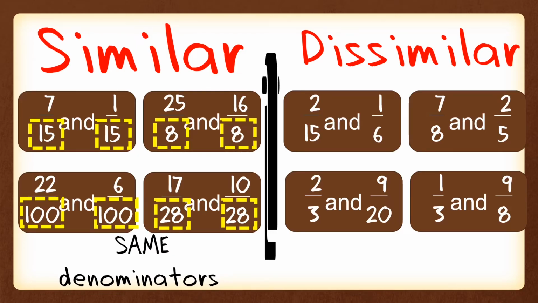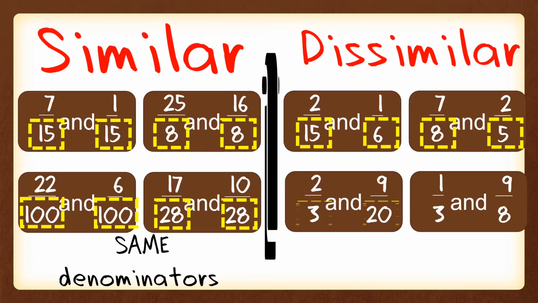So again, we're going to look only at the denominators so that we can determine if the fractions are dissimilar fractions. Again, dissimilar fractions have different denominators. So take a look at my examples. In my first example, the denominators are 15 and 6. In the second one, the denominators are 8 and 5.